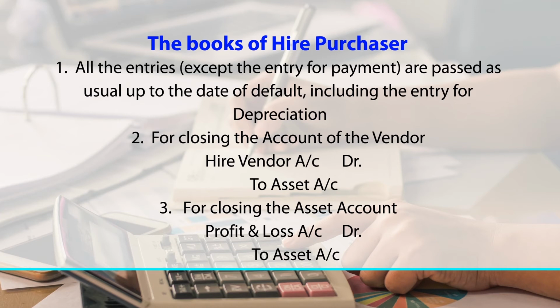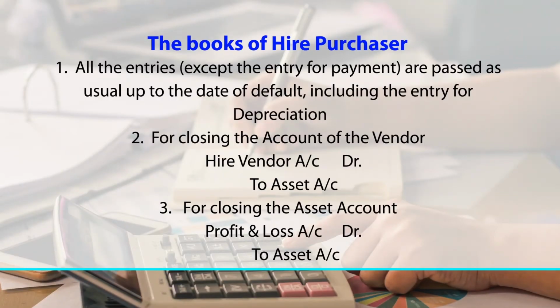So, in order to close the accounts of the hire vendor, since the hire vendor has already taken a decision to take the entire goods back, the hire vendor will close the accounts of the hire purchaser, and the hire purchaser would also close the accounts of the hire vendor. He will make the journal entry: hire vendor account debit to asset, because the hire purchaser is returning the goods to the hire vendor.